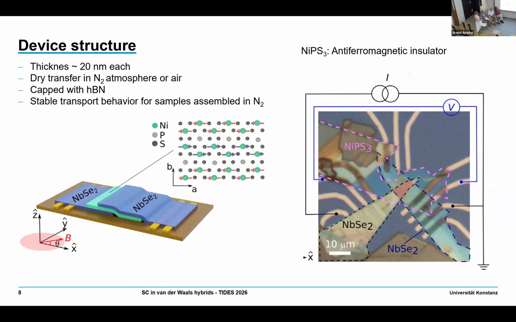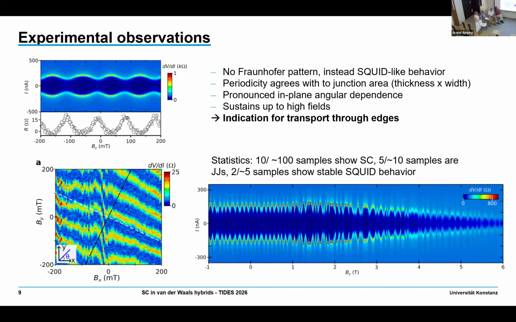And I think this also gives rise to the statistics: only 2 out of these samples which showed superconductivity showed this SQUID behavior, and others showed indications of a Fraunhofer pattern corresponding to a very, very small cross-section, and so one was stuck in the first lobe, so to say. So this is our understanding of it.